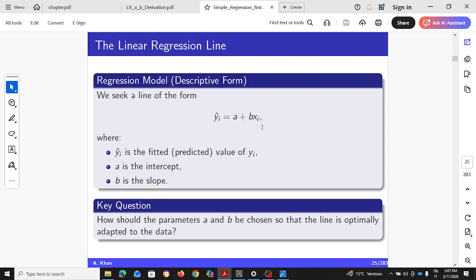By optimally, we mean how to reduce the error between the observed points and our regression line. So, just to start from the beginning, to have a visual in your mind now: we have a data set, we have a point cloud, we have points, so our points are, let's say, here, here, here, here.